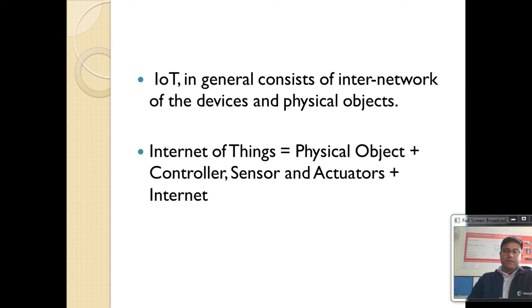These objects can be cars, fuel stations, personal mobile phones or gadgets, the wristbands of persons, etc. Everything could be there. So Internet of Things basically means physical object plus the controller, the sensor or actuator, and the gluing force, which is internet. This is called the Internet of Things.